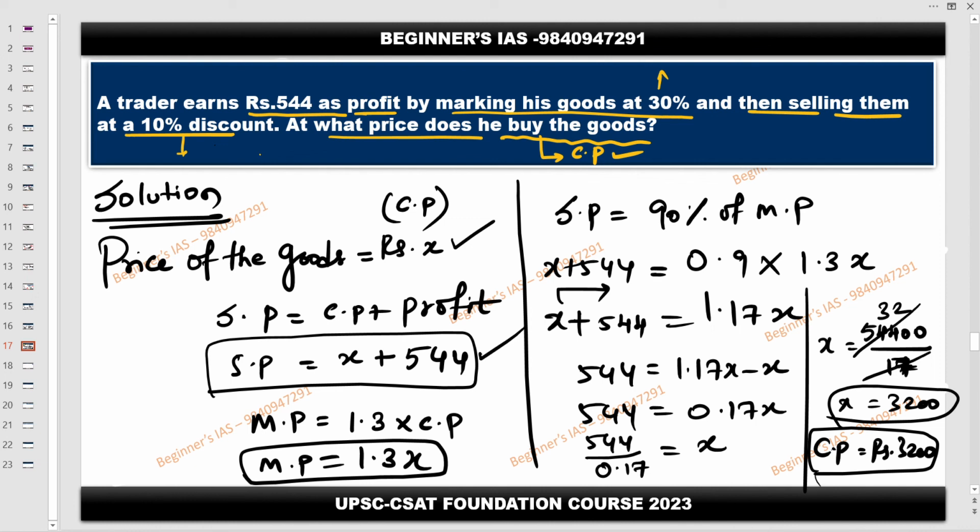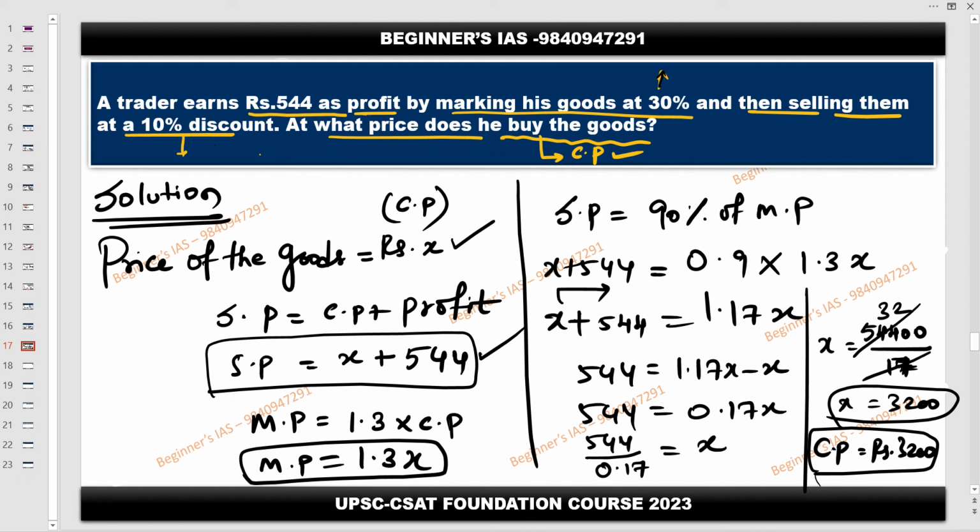That market price is going to be a 30% increase, therefore it will become 1.3. Suppose the market price is y, then a 30% increase means 1.3 into CP, here x, therefore MP is 1.3x. After calculating the MP, the selling price is going to be after the 10% discount.